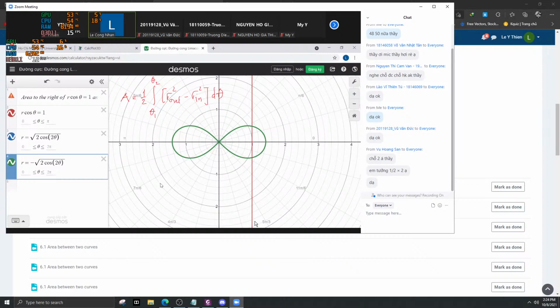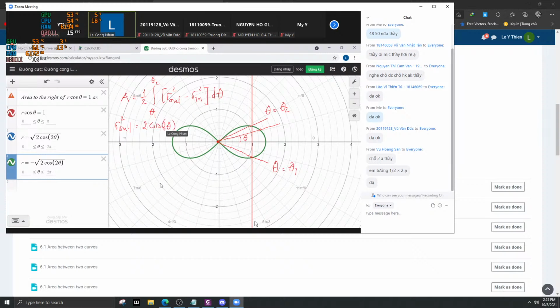For a given theta from theta 1 to theta 2, the outer radius is given by the lemniscate. Because it's on the right, the outer radius squared is 2 times cosine of 2 theta.